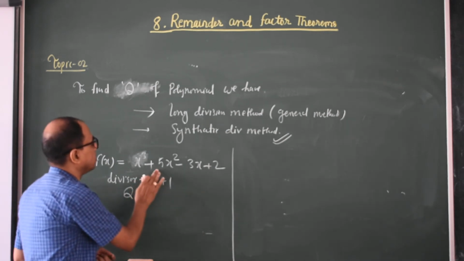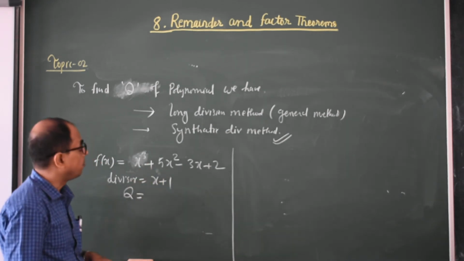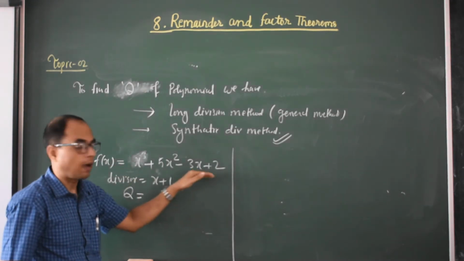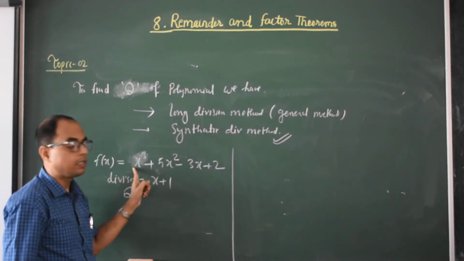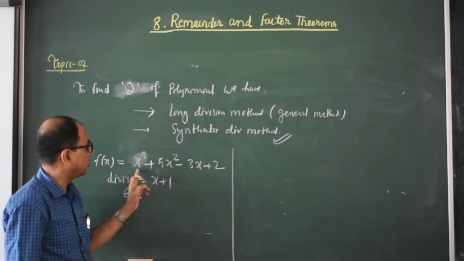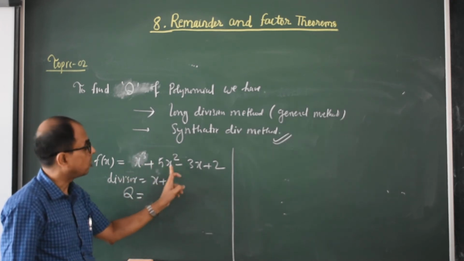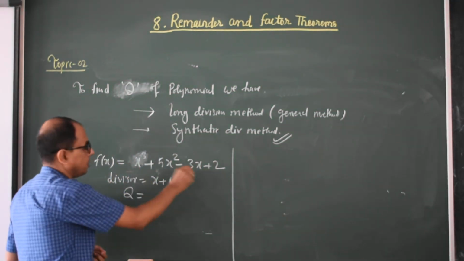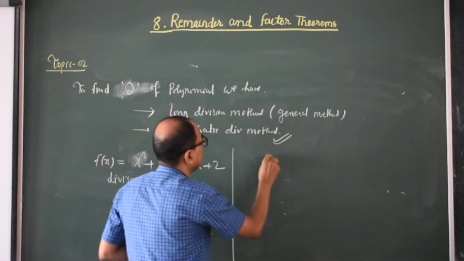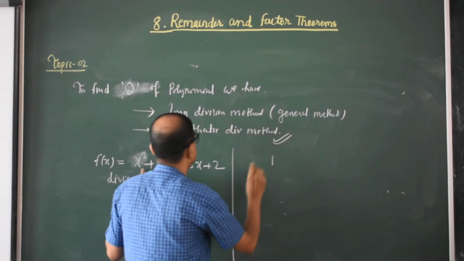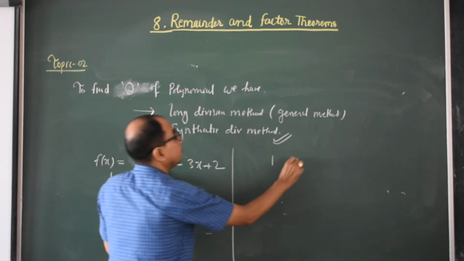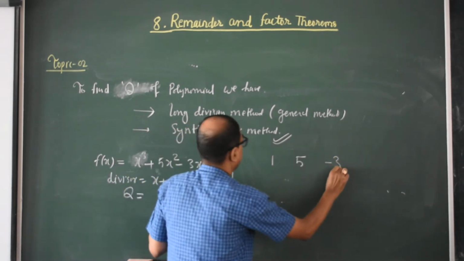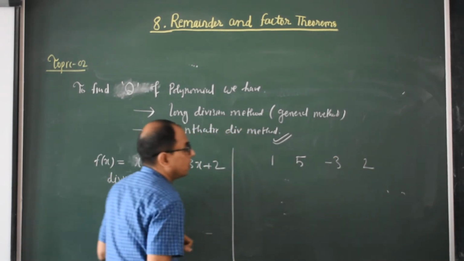The polynomial should be complete, meaning it must have a term of each degree. It is already complete. So write the coefficients here: 1, then 5, then minus 3 and then 2.